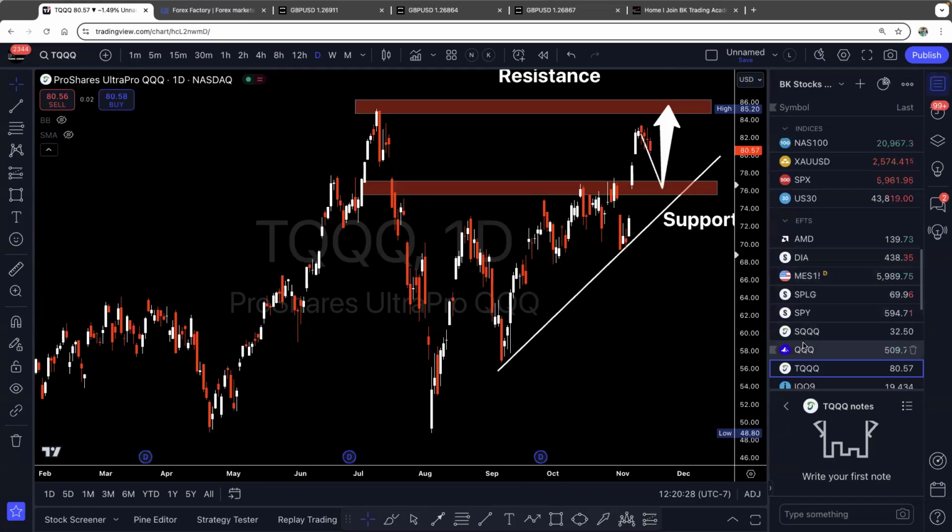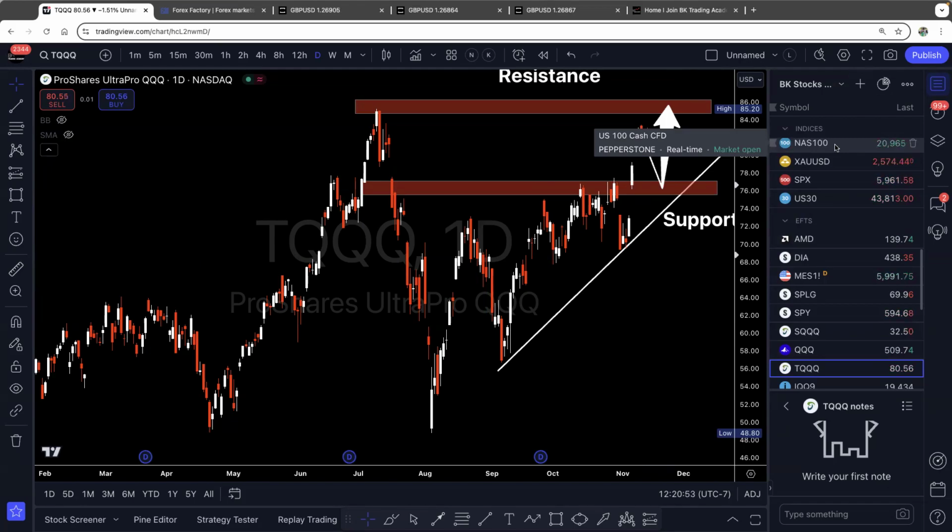So you can trade NAS 100 at a discount by trading the ETF. Or you can even trade NAS 100 like a mini NAS too. So I'm not going too much into that. That's all in, if you guys decide to get into the academy or invest in the academy, we get into all of that there. But this is more of just showing you how to mark up your charts.